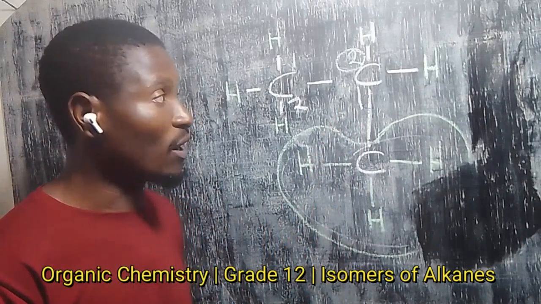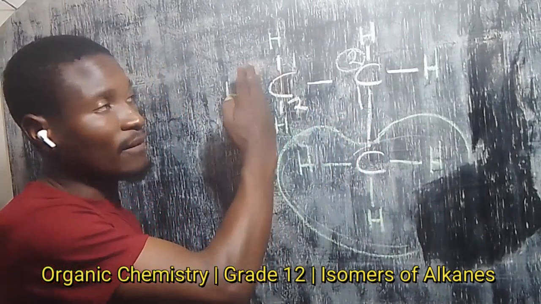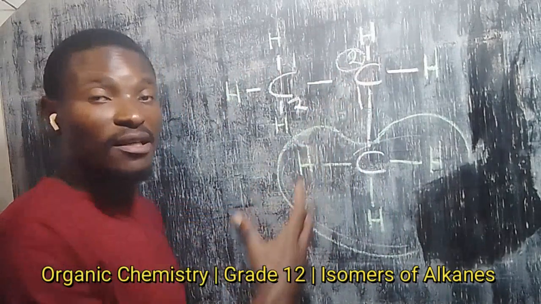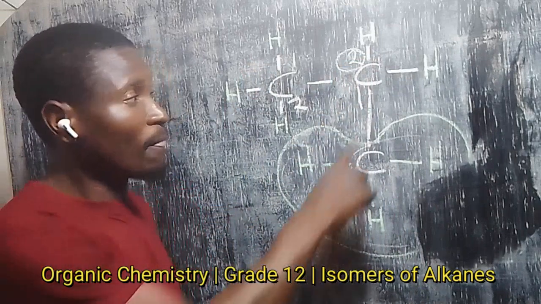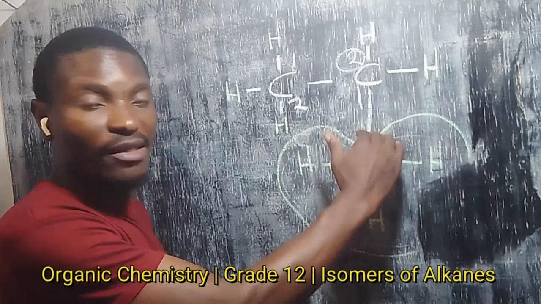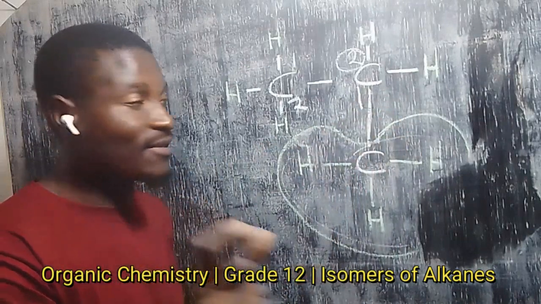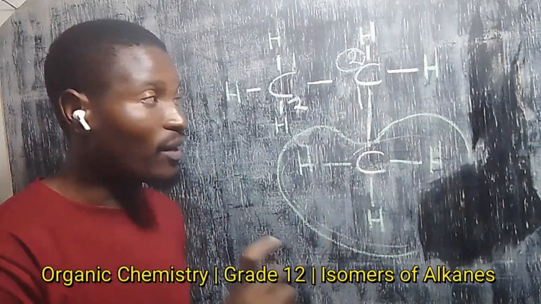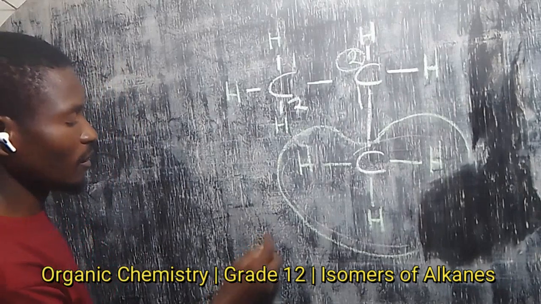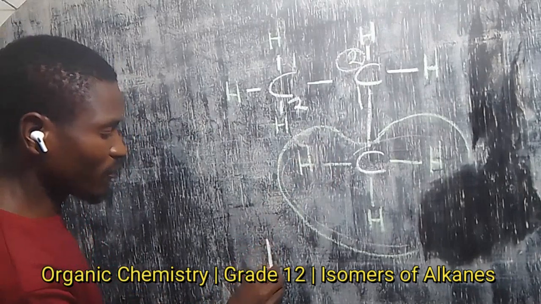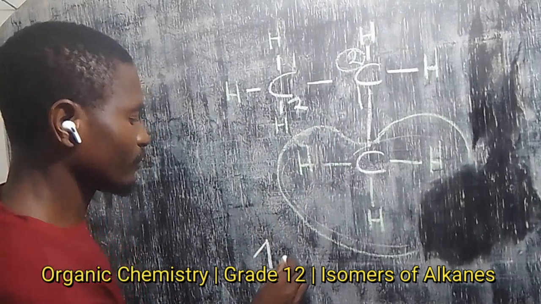If I start from the other numbering, the branching off is taking place at number 2, which is longer in terms of distance. But if you do the bottom numbering, this shows you the shortest possible distance at which the branching is taking place. So the branching off is part of the naming: it is 1.